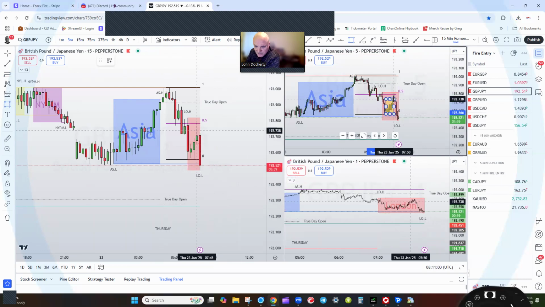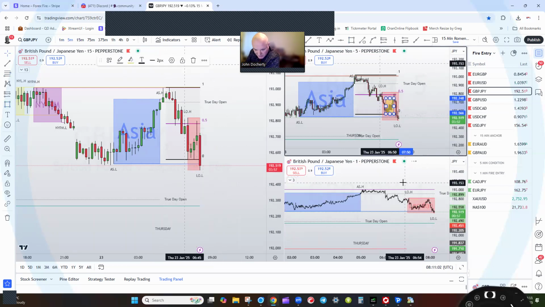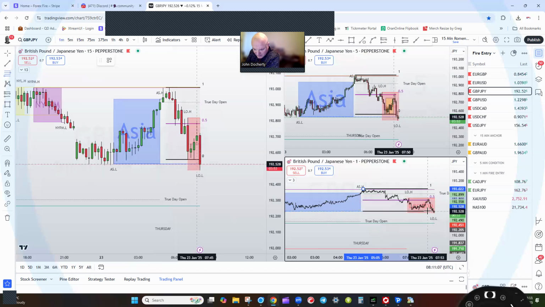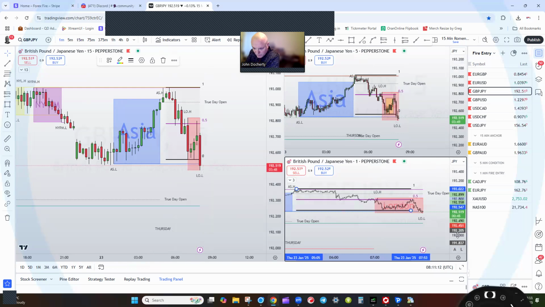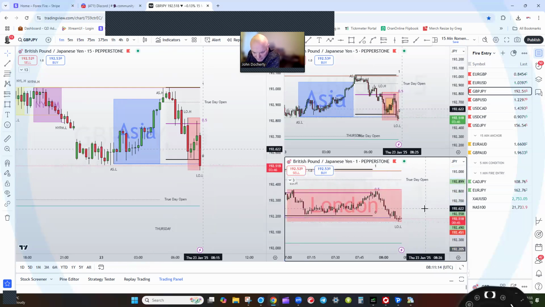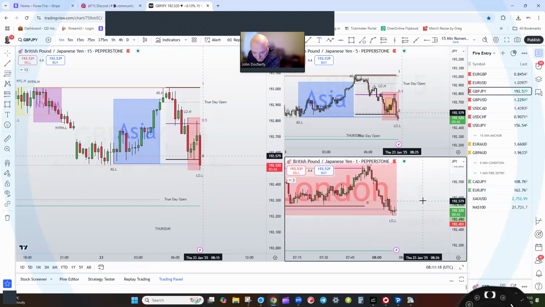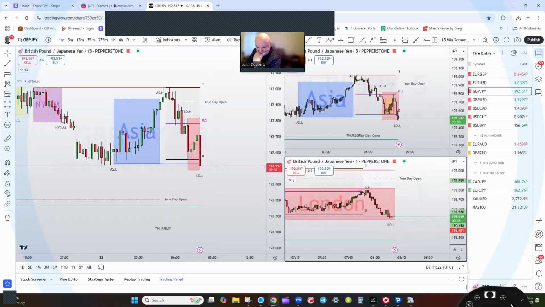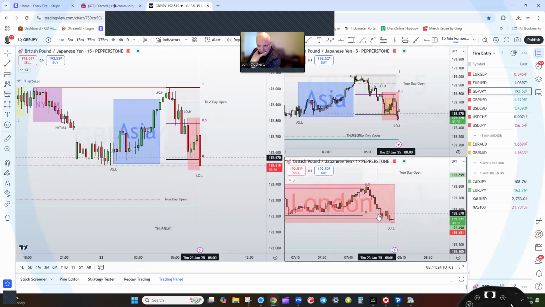See, once you get used to this, it just becomes all second nature. And then we go from the high again down to that low. We're going to look for a bullish candle followed by a bearish engulfing. This is it right here.